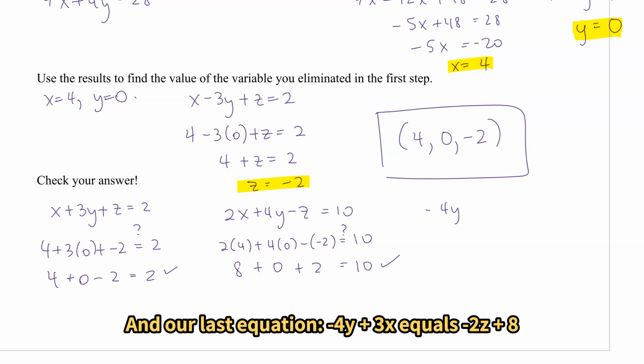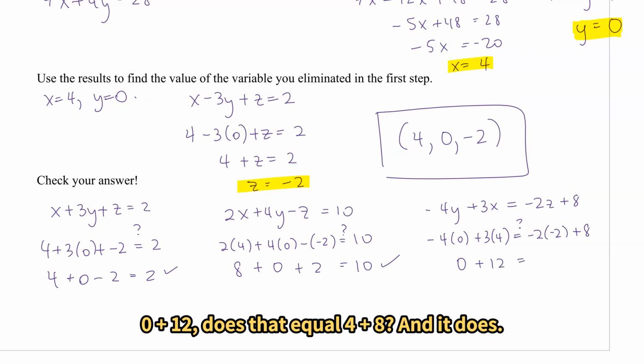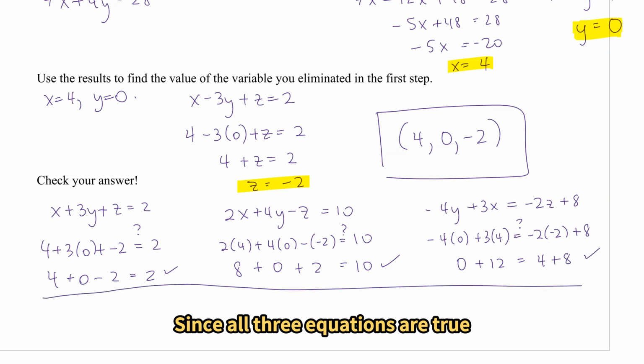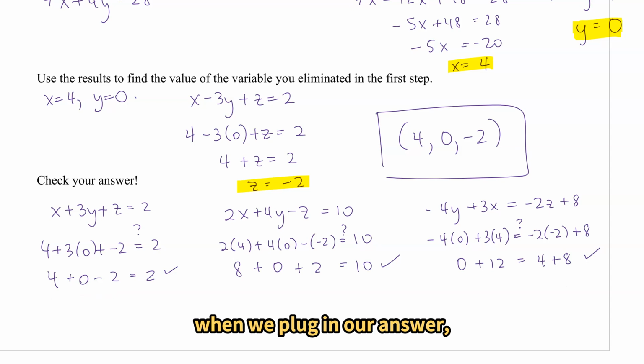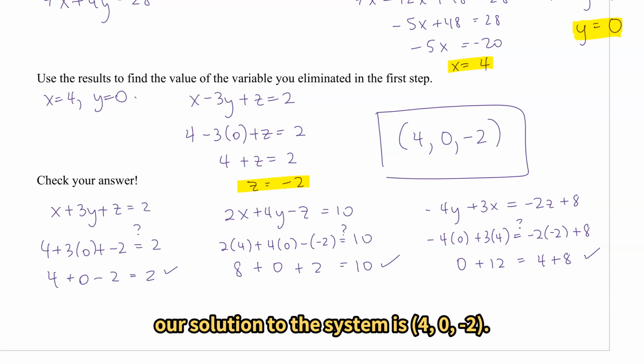And our last equation, negative 4y plus 3x equals negative 2z plus 8. 0 plus 12, does that equal 4 plus 8? And it does. Since all three equations are true when we plug in our answer, our solution to the system is 4, 0, negative 2.